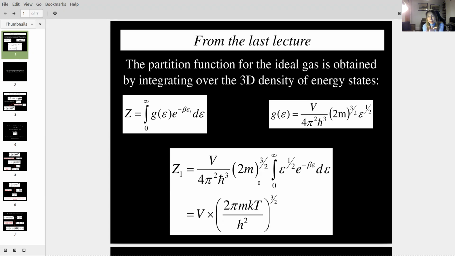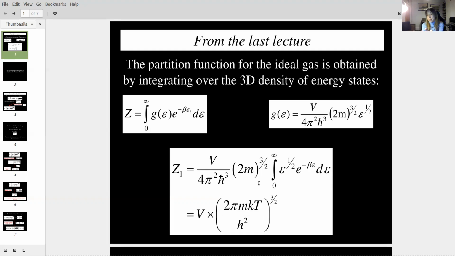So when I said that you don't need to worry too much about the derivation of the density of states, you do, however, really need to be able to take your partition function here and calculate thermodynamic quantities from it. The last lecture was something you could watch along to and not worry about if it didn't gel with you.